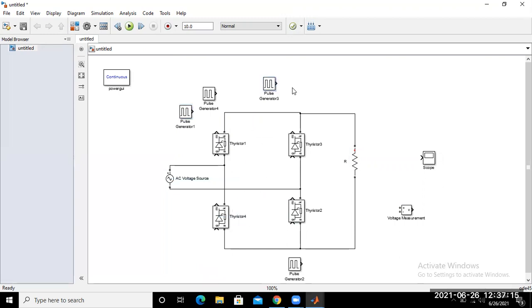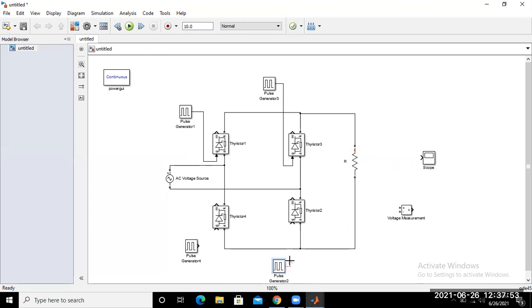Okay. Now pulse generator 4 here. So now the pulse is provided to thyristor number 1 from this pulse generator, from pulse generator number 3 to thyristor number 3, and from pulse generator 2 to thyristor number 2.